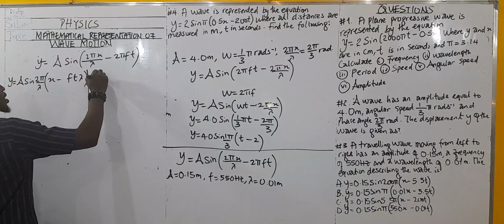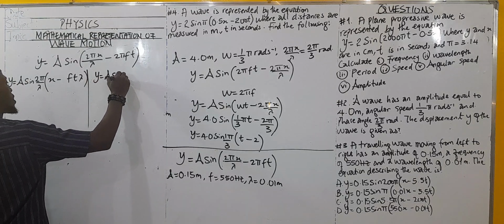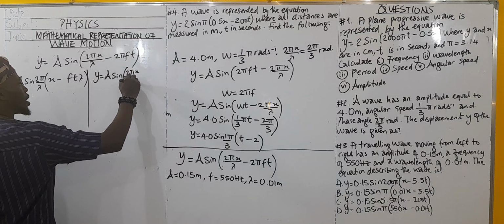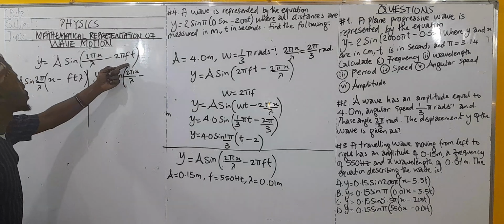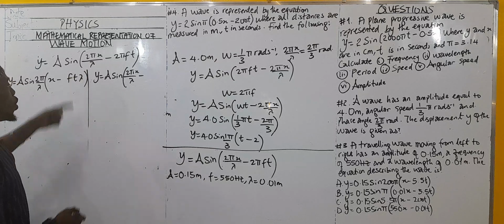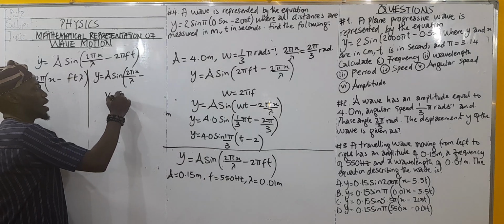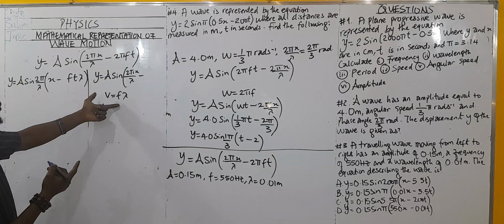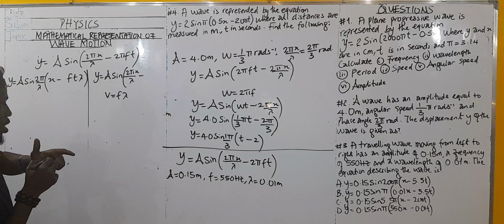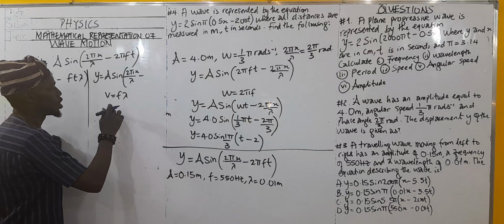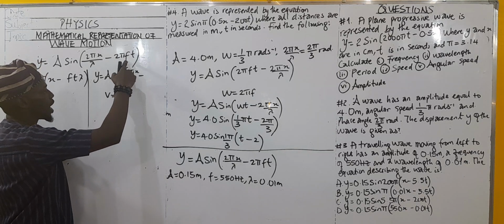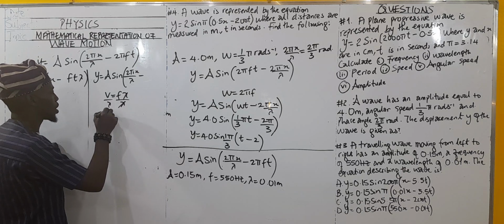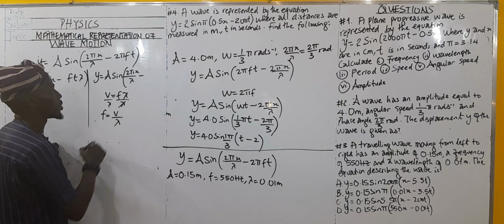Another way of doing it is saying y equals A sine 2 pi x over lambda. The question now is, if we're not having lambda, how do we factorize if you don't know this principle? We know that v is equal to f lambda, right? So I can substitute it: dividing by lambda, f equals v over lambda.